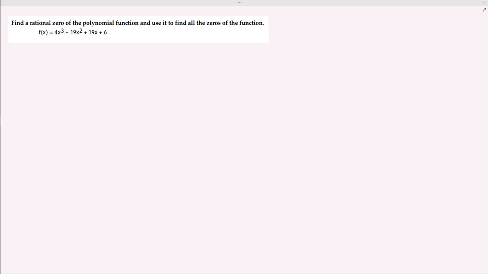Okay, now here we're going to use what we just discussed to find some rational 0 of f of x and then whittle it down and find the rest of them. So for instance, the possible rational zeros, or solutions to 0 equals this, same thing, are going to be plus minus factors of 6 over factors of 4.